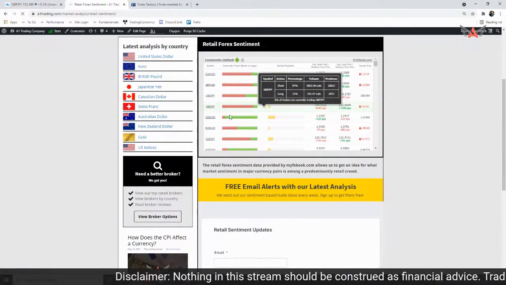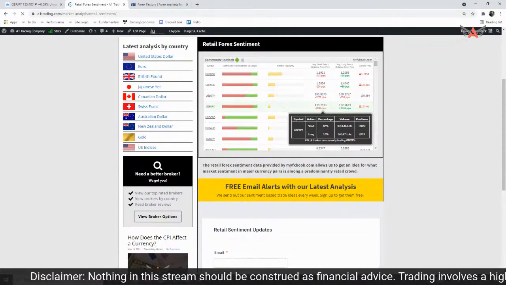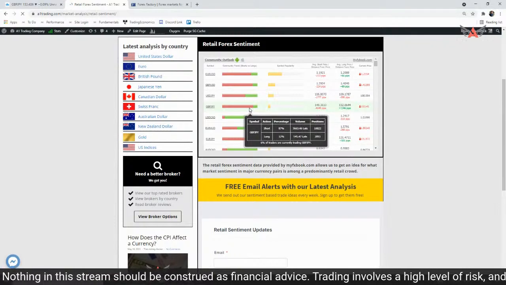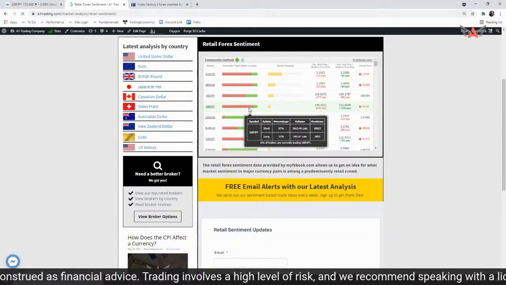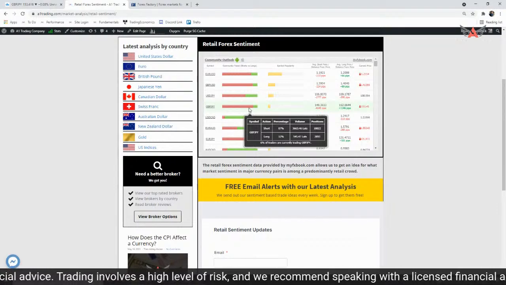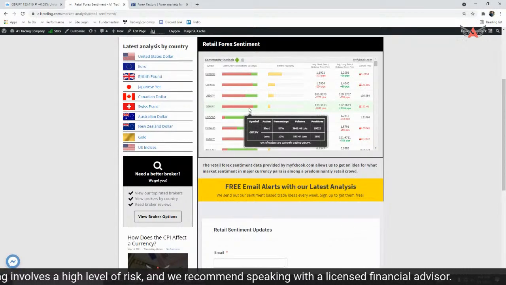Okay. So GJ here is currently 87% of retail traders looking at GBP JPY are actually short, according to myfxbook.com.